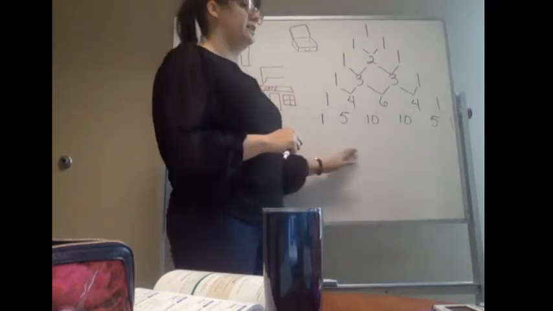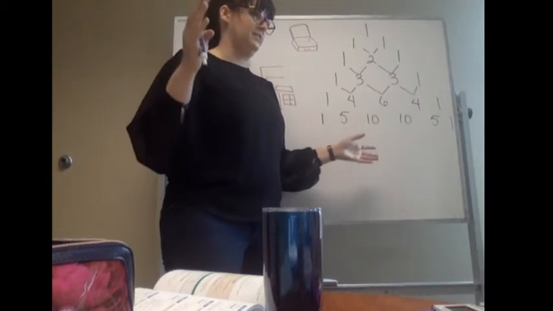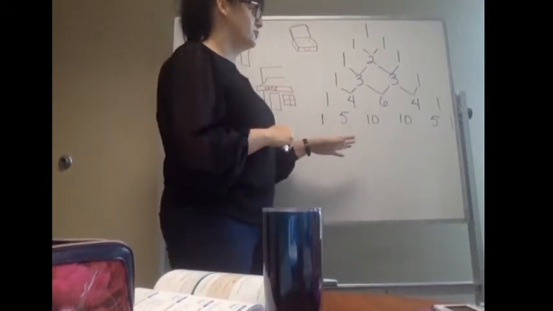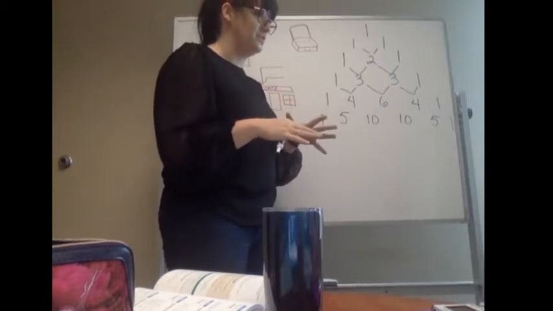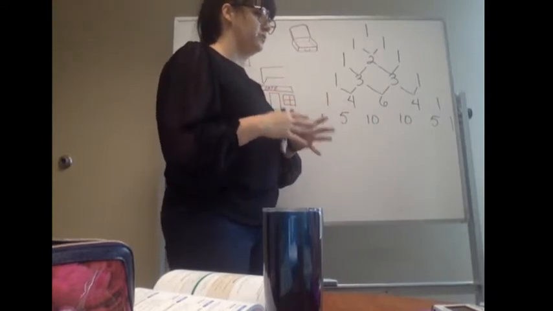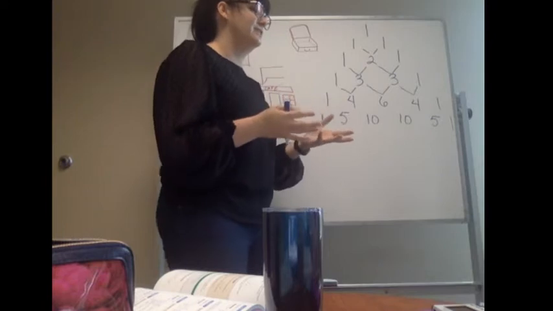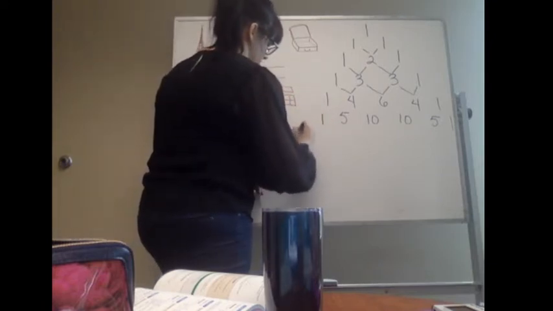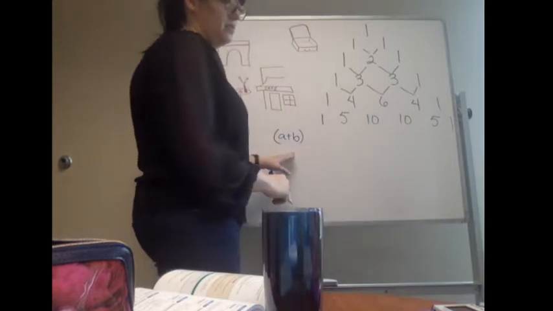Now, while this is interesting, it's actually useful. These numbers just so happen to be the coefficients of binomials expanded out. So a binomial, remember, is two terms, like in a polynomial.